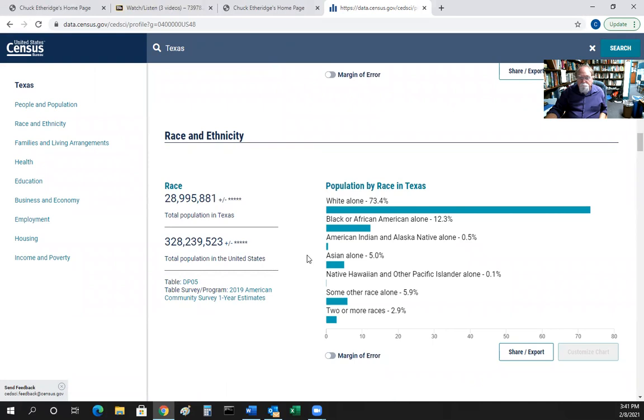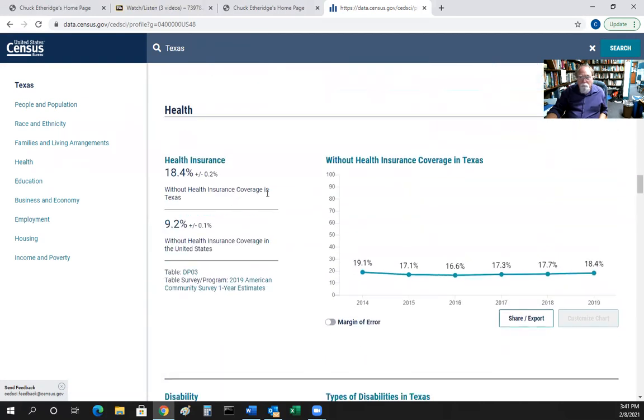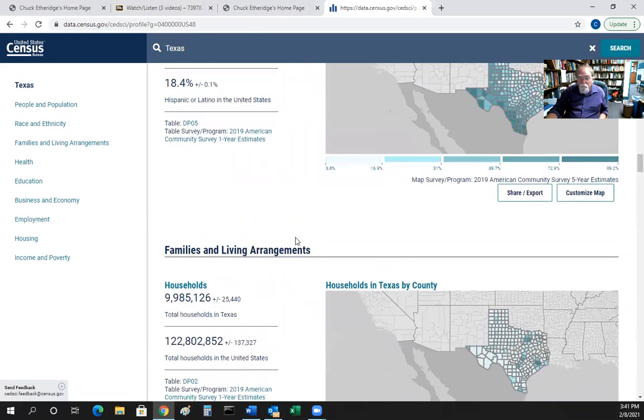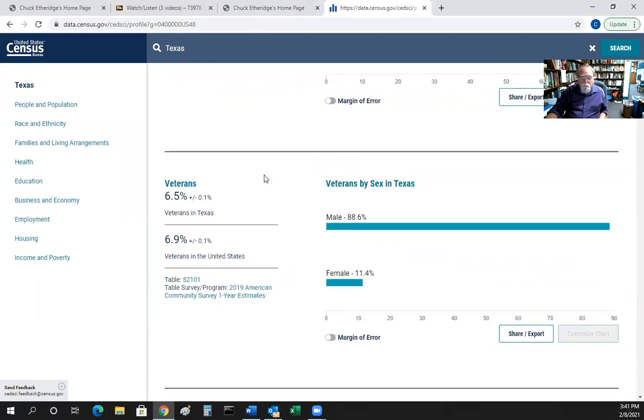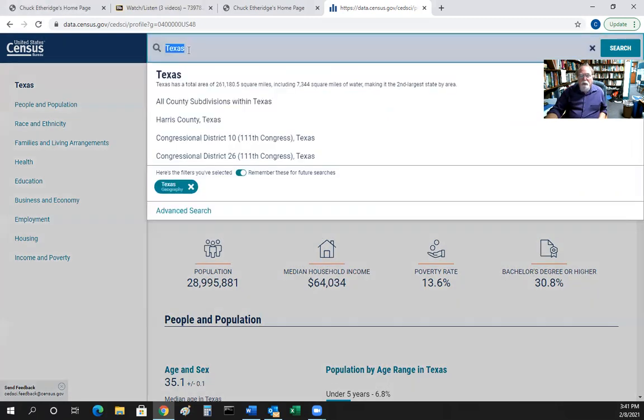But number of families, people without health insurance is significantly higher. So all these things that are indications of income and how they affect our health are not as good in Texas as they are nationwide.